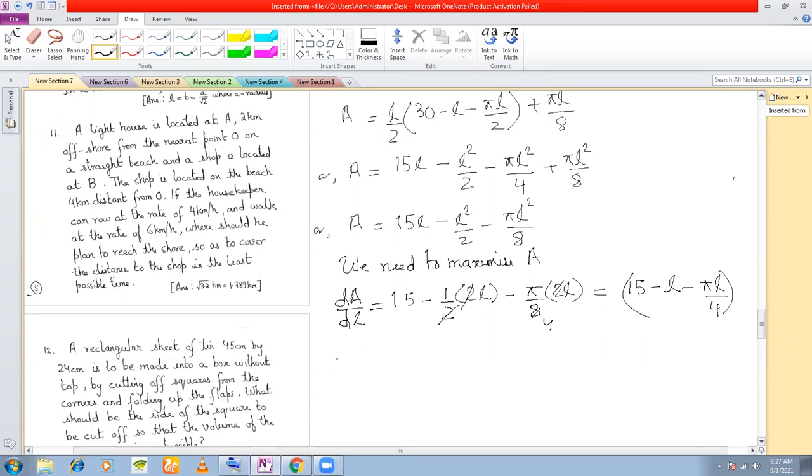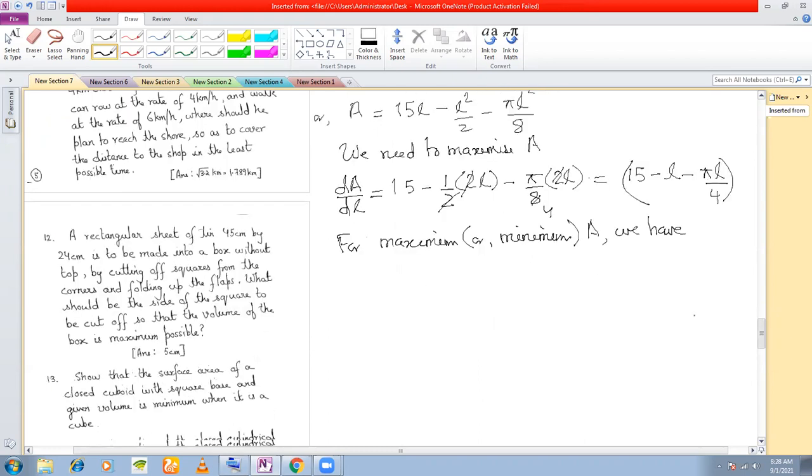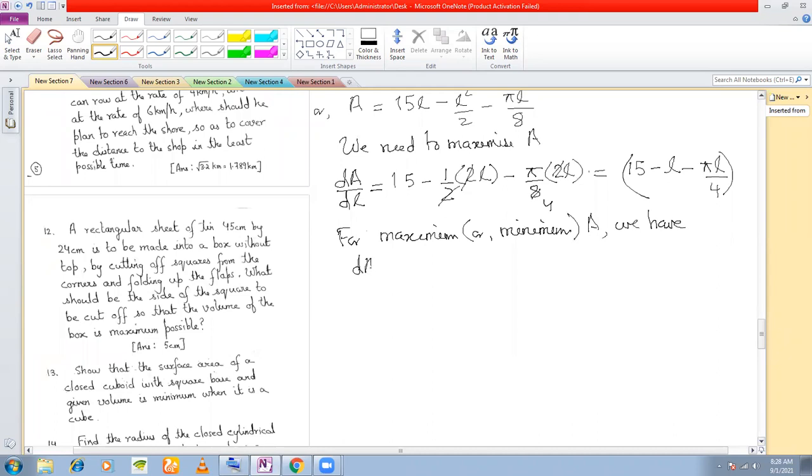Now for maximum or minimum A, what is the condition? We have dA/dL is equal to 0. That means 15 minus L minus pi L by 4 must be equal to 0.